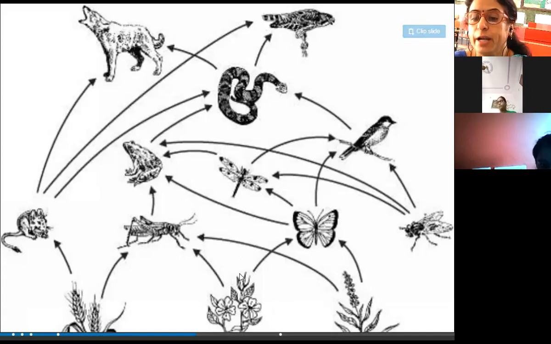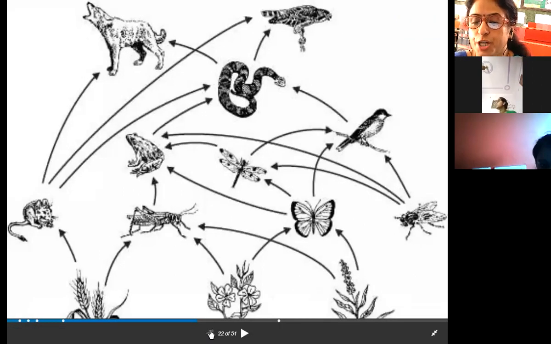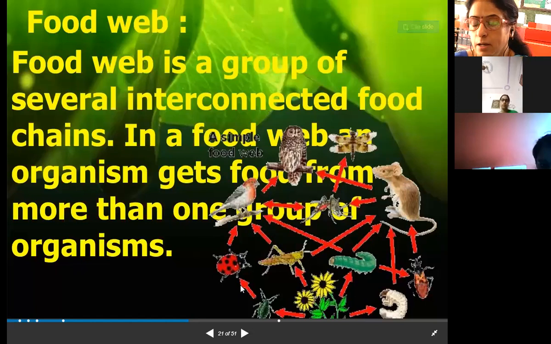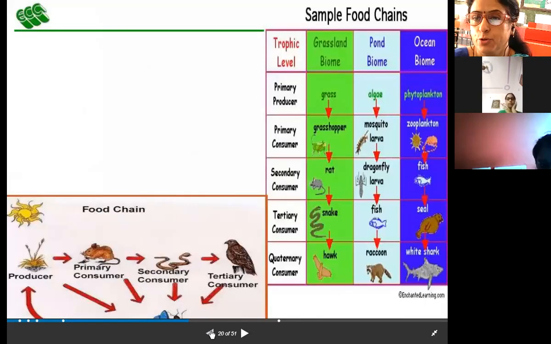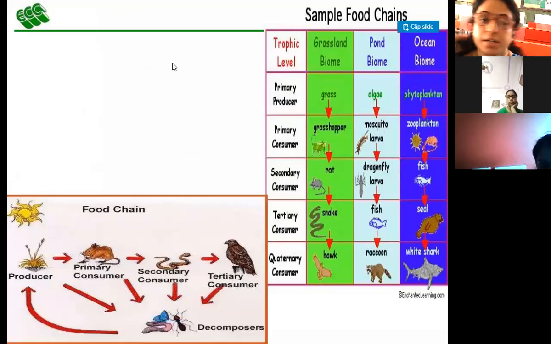Now, if we try to analyze the food chain, let me show you. What is the maximum number of levels the food chain can sustain? Five.